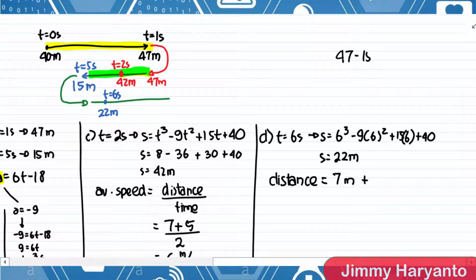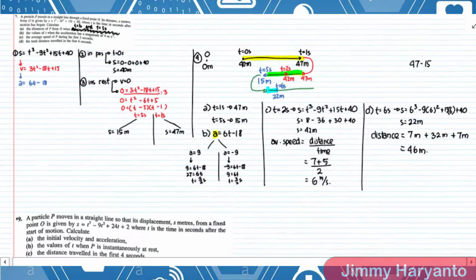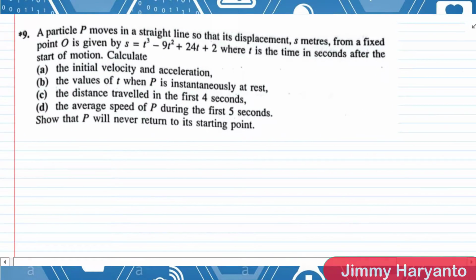From 47 to 15 it covers 32 meters, and then for the third one from 15 meters to 22 it covers 7 meters. Okay, so the total distance covered by the particle is 46 meters. Very good.